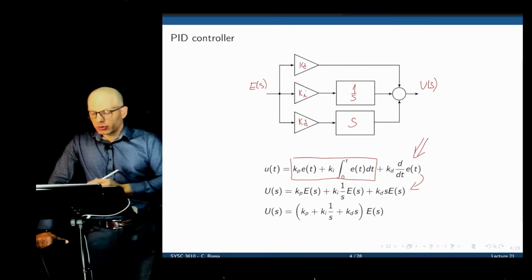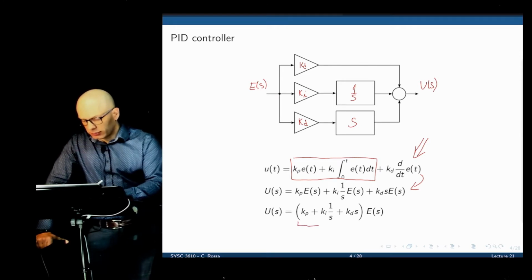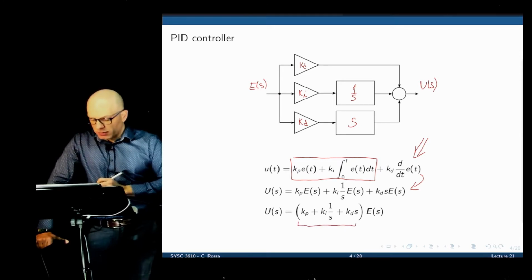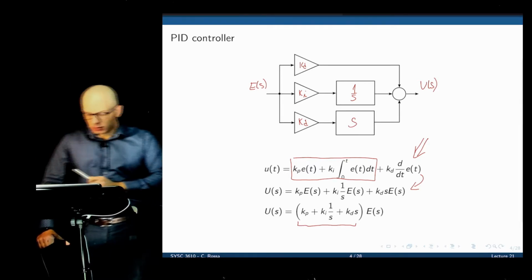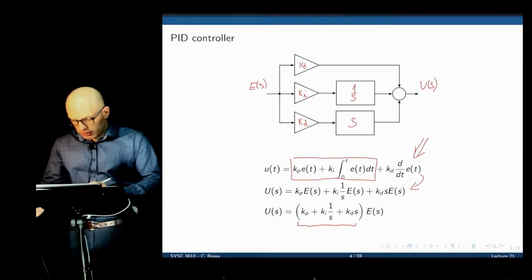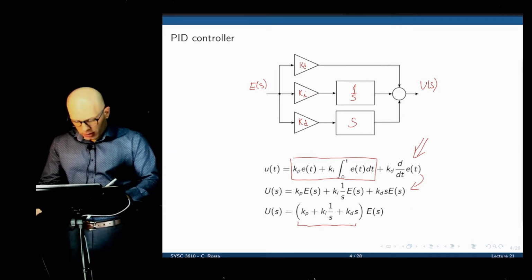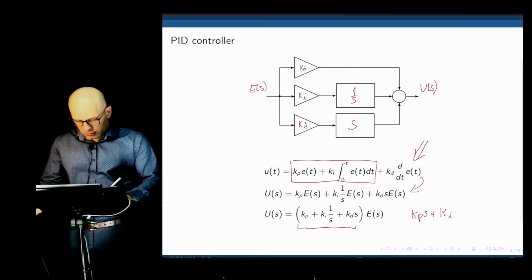If we factor out the error, this is now the transfer function of the controller itself: Kp plus Ki times 1 over s plus Kd times s. If we expand this, we have Kd s squared plus Kp s plus Ki, all divided by s.